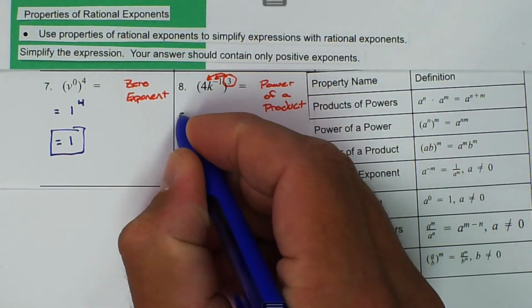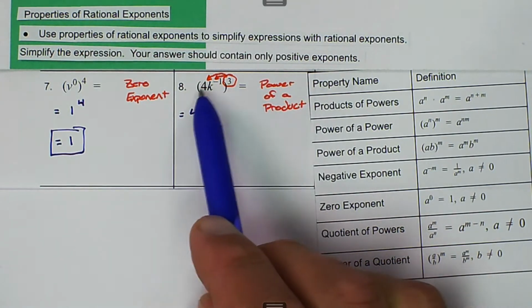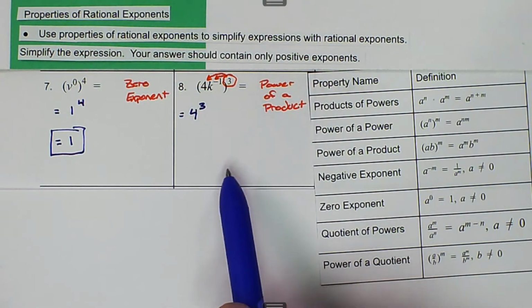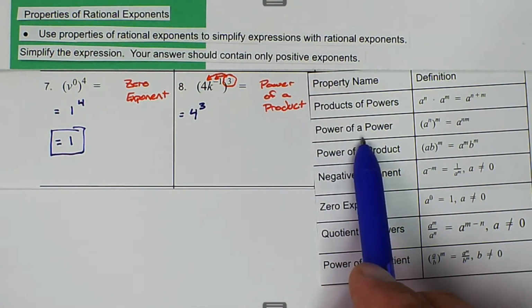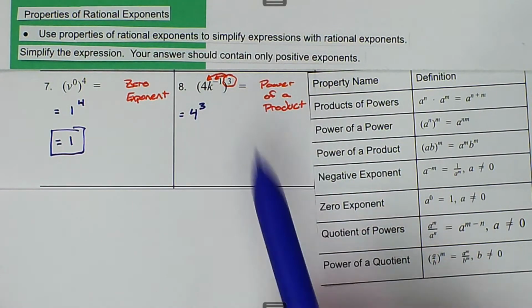So first we get 4 to the 3rd, and then the next one we get is power of a power. So we have k to the -1 raised to the 3rd power.